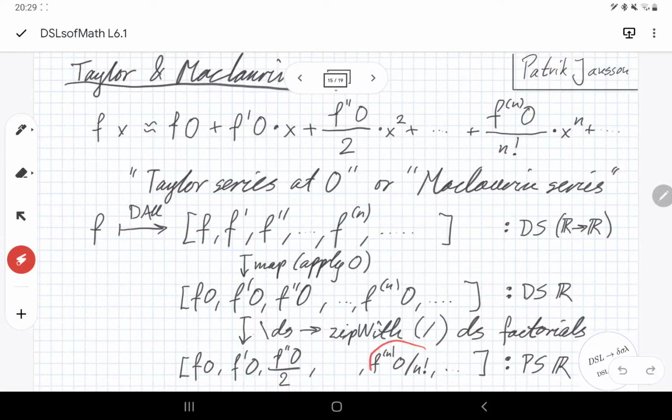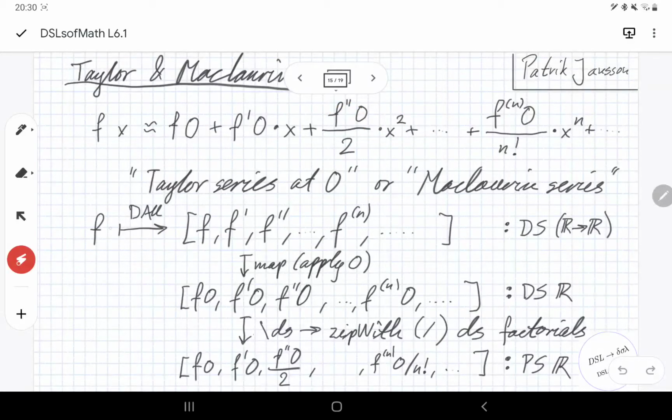And the nth derivative here will be divided by n factorial. So the list factorials is the infinite list of the factorials of the integers 0, 1, 2, and so on upwards. And now I say we've got down to a power series of R. So why do I say we got a power series of R? Well, because we want these coefficients to be interpreted as the 0th coefficient, first coefficient, second coefficient in front of x.